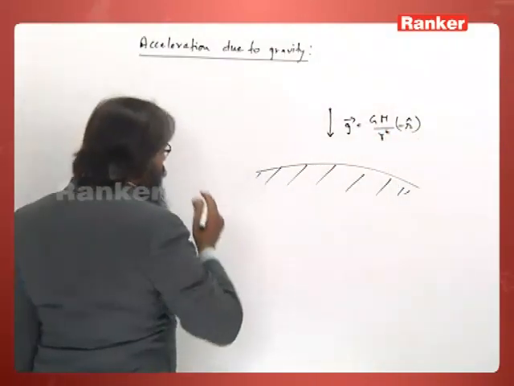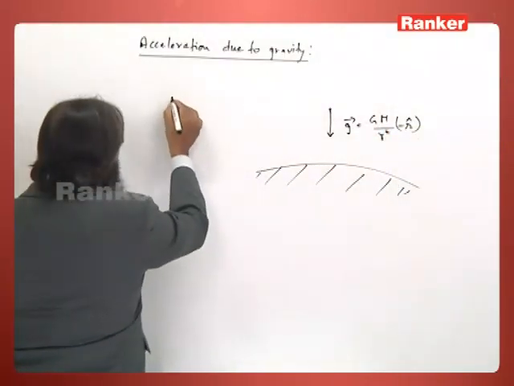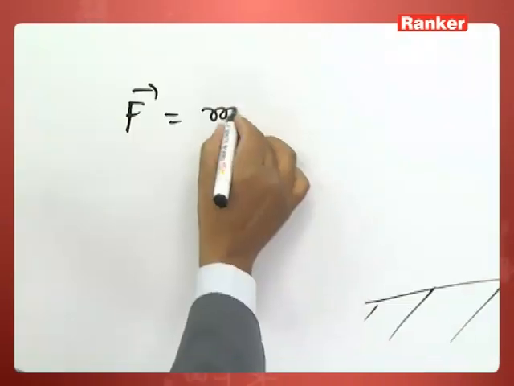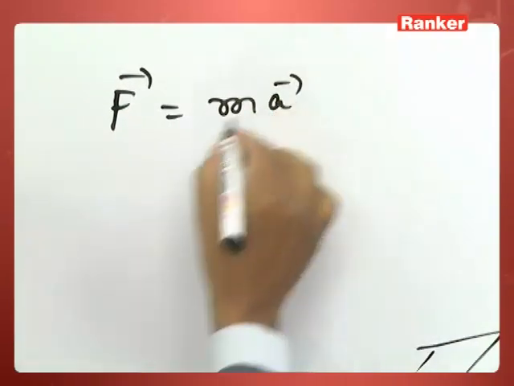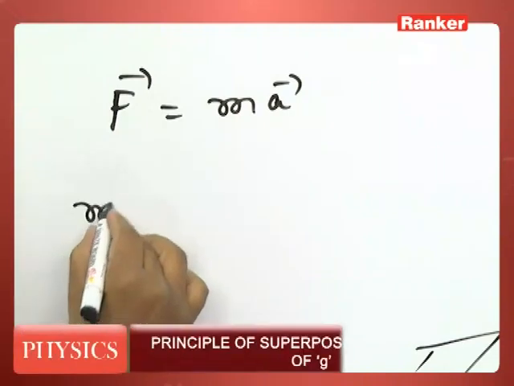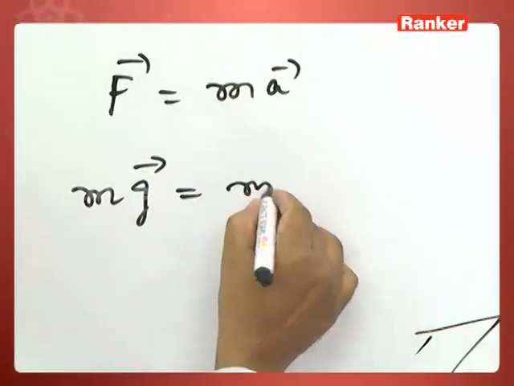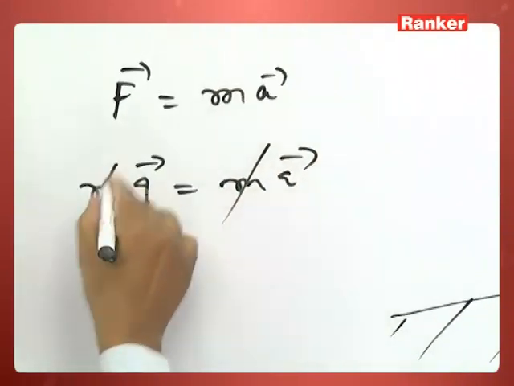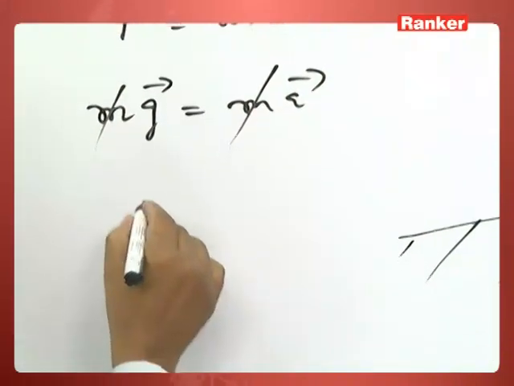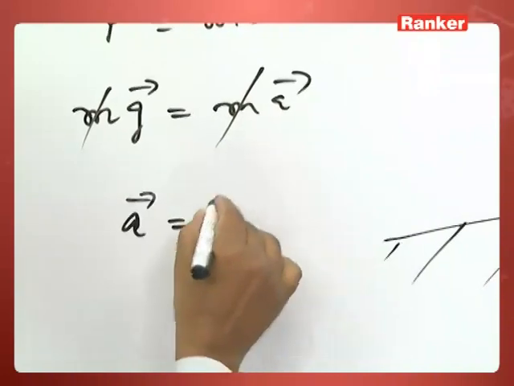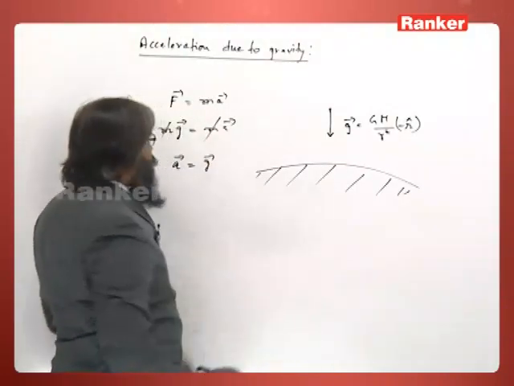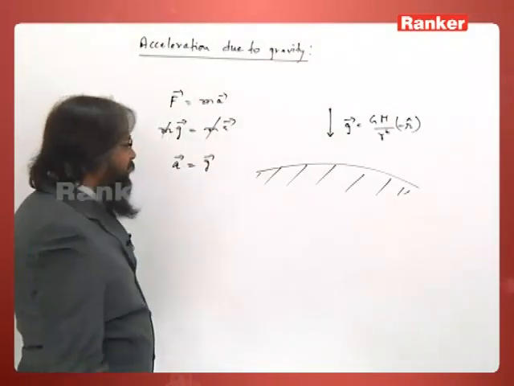Now if I apply force equal to mass times acceleration, the force is itself given by mg vector, that is mass times a. So the m's cancel.